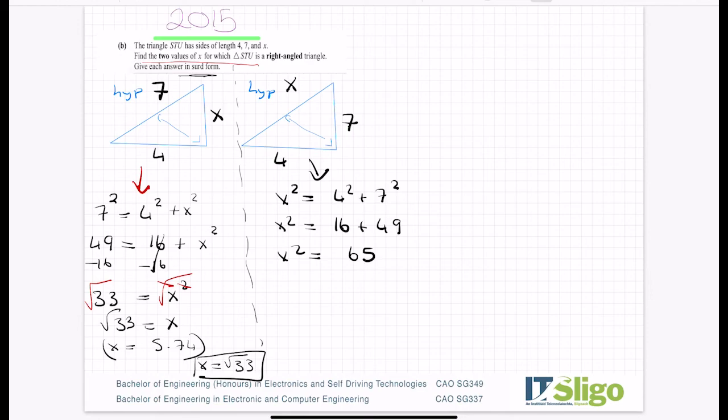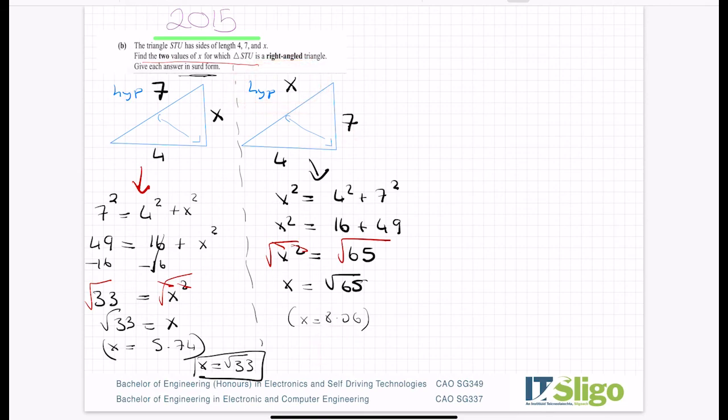So it's equal to 65, square root of both sides. x is equal to root 65. I'm just putting it as a decimal again, 8.06, to make sure that my hypotenuse is the longest side. And 8 is bigger than 7, so that feels good.